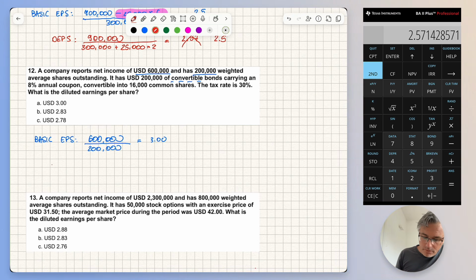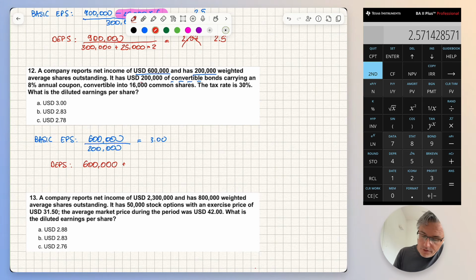Okay, now for diluted earnings per share, take the 600,000 of income, and now, assuming the convertible bonds have indeed converted, we will no longer be paying the interest, and we add back the after-tax effect of the interest.